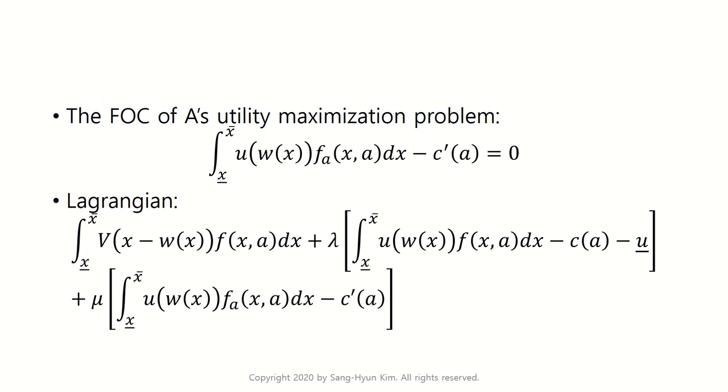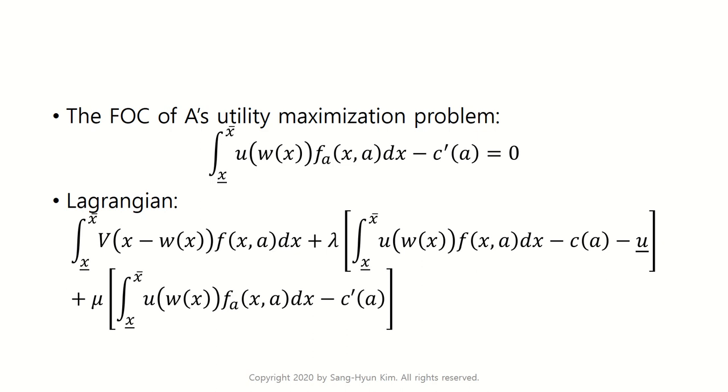So the Lagrangian can be written like this. The first term is the expected utility of the principal. So integral v of x minus w of x, f of x, a, dx. So this is the expected utility of the principal. And then we have lambda, which is the Lagrangian multiplier for the IR constraint.